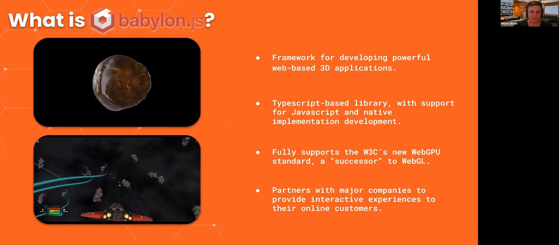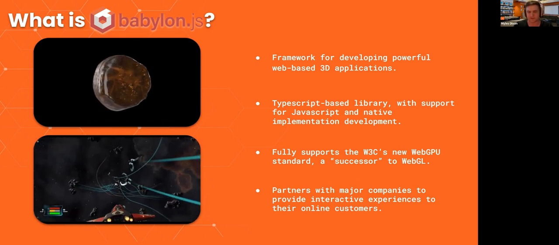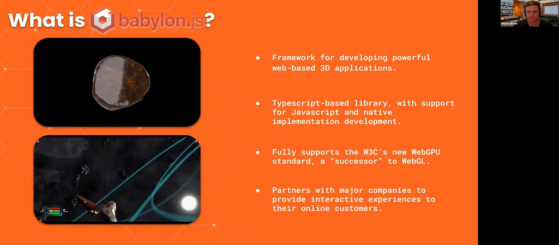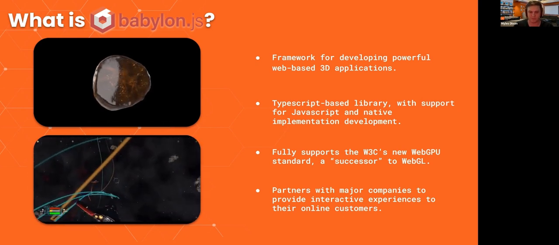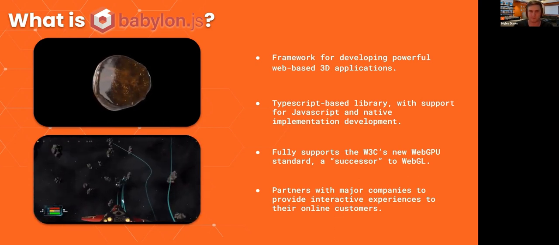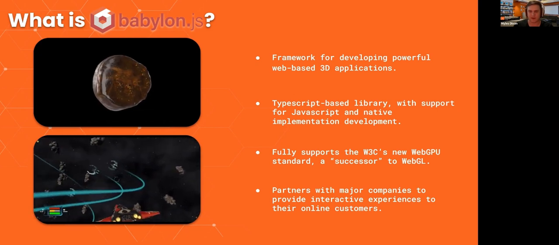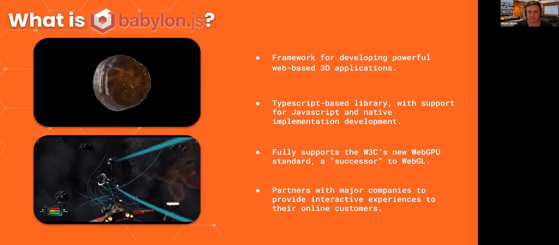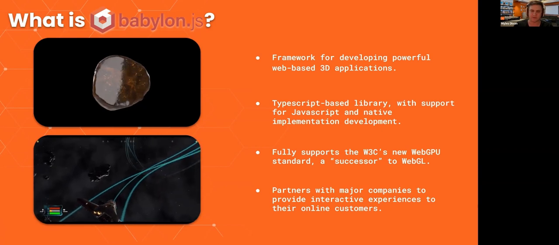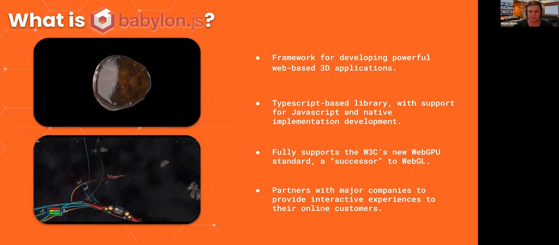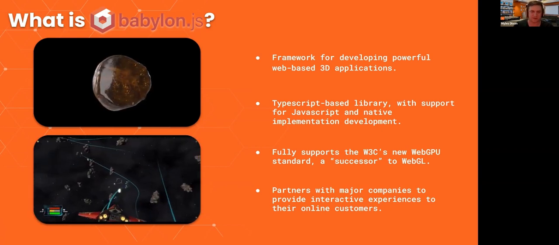Nike does the same thing with shoes, and Lowe's has a virtual room planner and room builder where they leverage Babylon for rendering that 3D space to build out your ideal project, whether that be a kitchen, a bathroom, whatever.